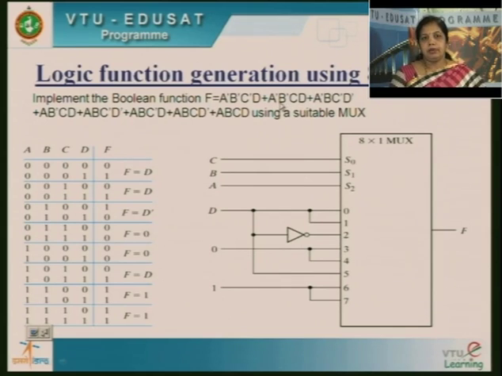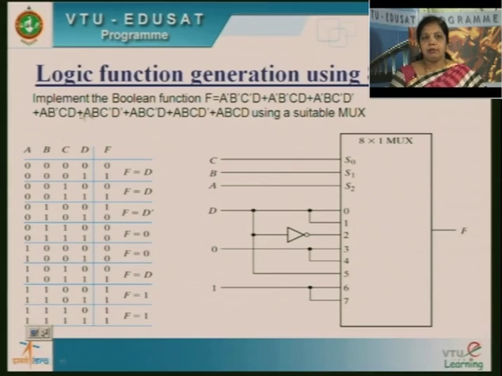So we have here A complement, B complement, C and D. So here I am going to write logic 1. Similarly I write for all the terms. We have 8 terms, so I will be writing logic 1 for all these 8 terms.